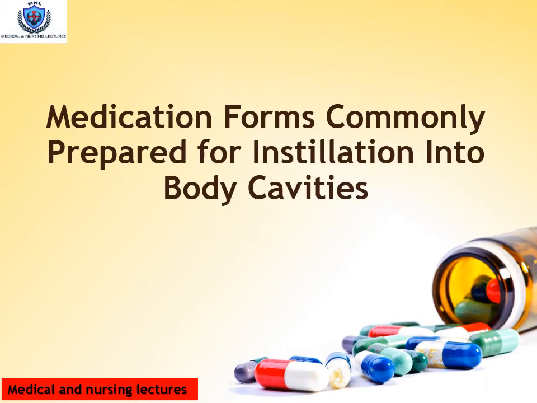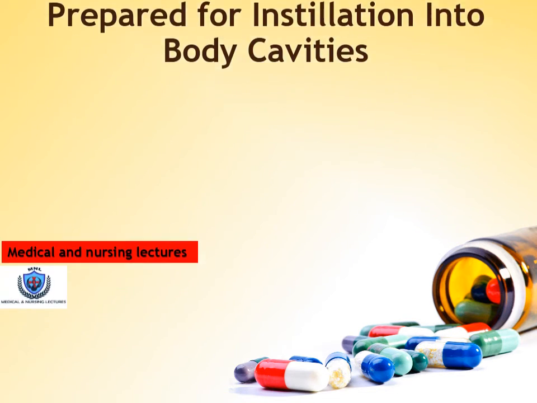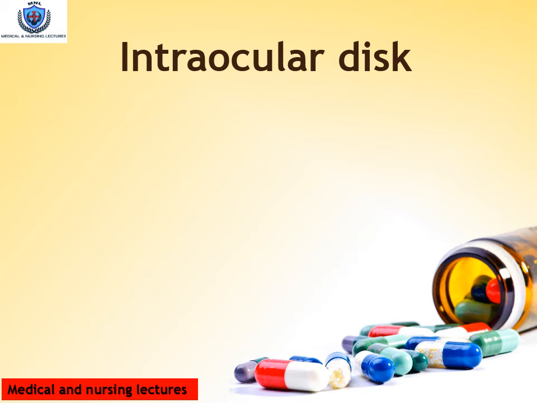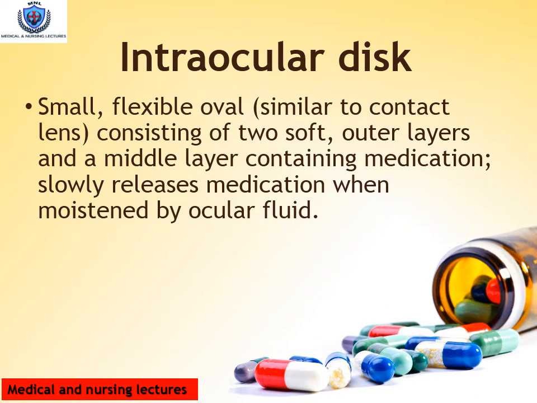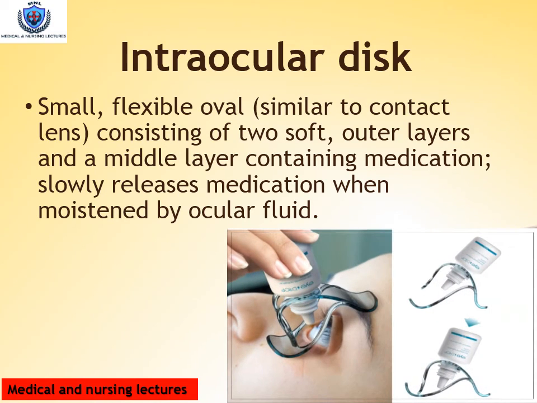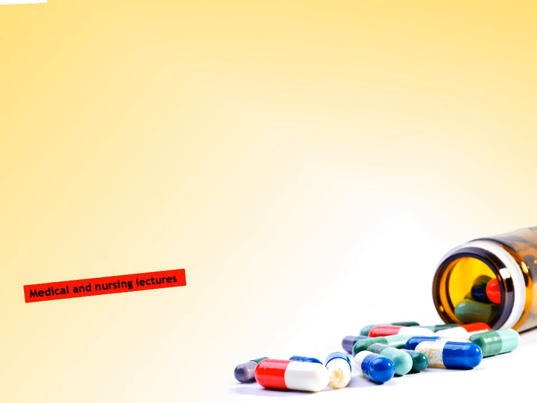Medication forms commonly prepared for instillation into body cavities. Intraocular disc: small, flexible oval similar to contact lens, consisting of two soft outer layers and middle layers containing medication. Slow release of medication when moistened by ocular fluids. So you can see that in the picture.